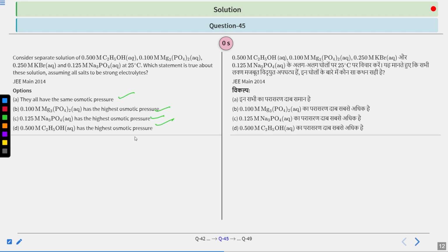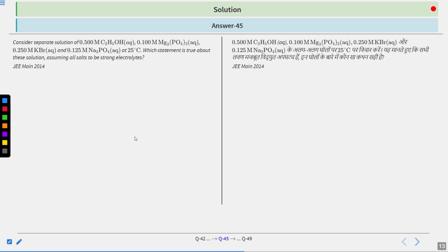Okay, so your time is up. In this question, you are given a separate solution of ethanol, which is 0.500 molar. Then we have magnesium phosphate, which is 0.100 molar. Then we have potassium bromide, which is 0.250 molar, and Na3PO4, which is 0.125 molar.